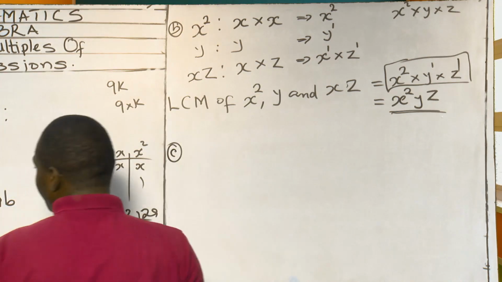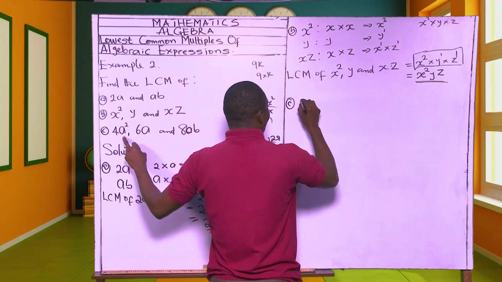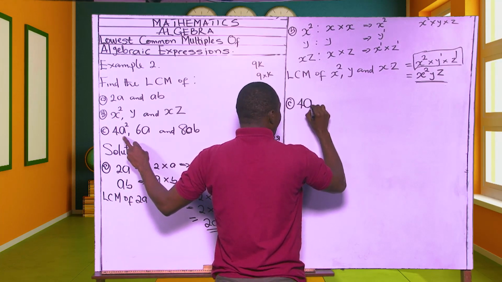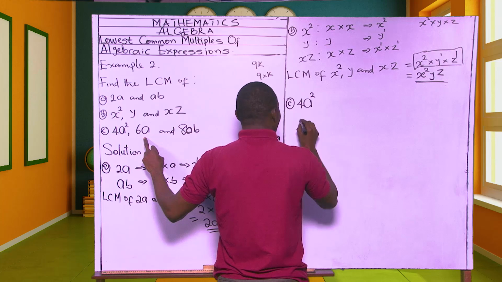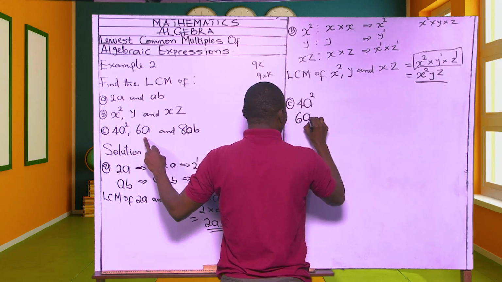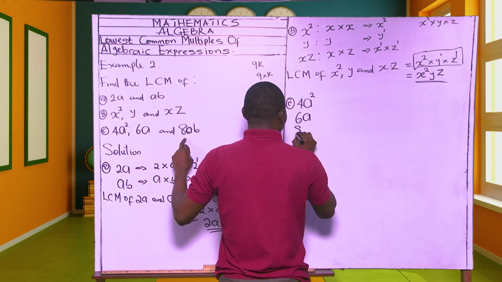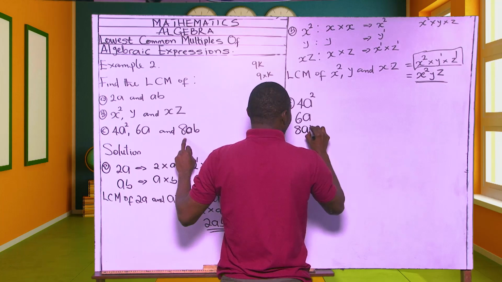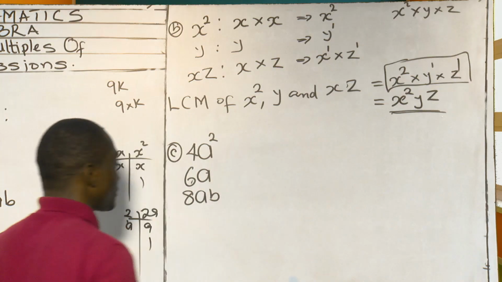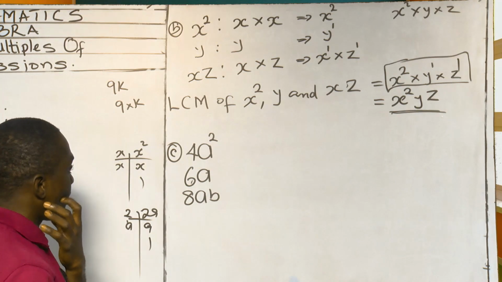Question letter C. We have 4A squared, 6A, and 8AB. All right.